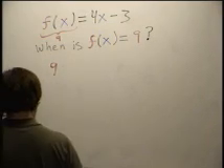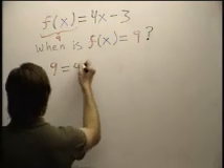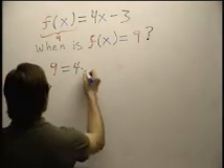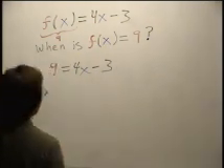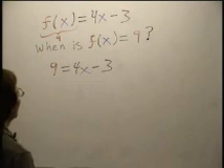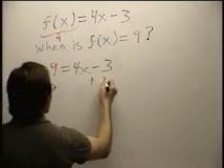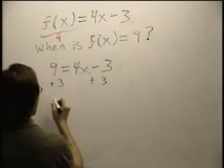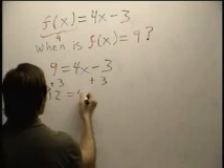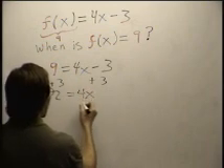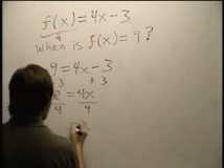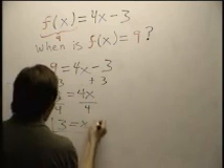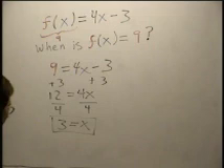So we get 9 is equal to 4x minus 3. Now we just have to solve this equation. The way we always do, we isolate our variable term, and then we divide out the coefficient. We find x equals 3, which is the exact same thing the calculator just told us.